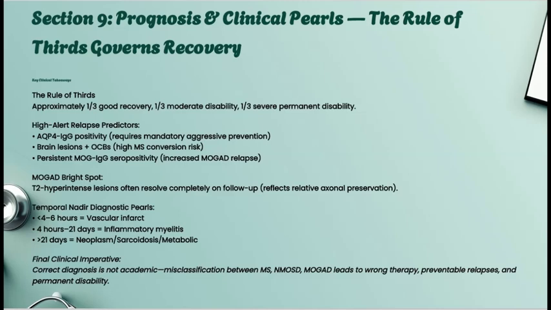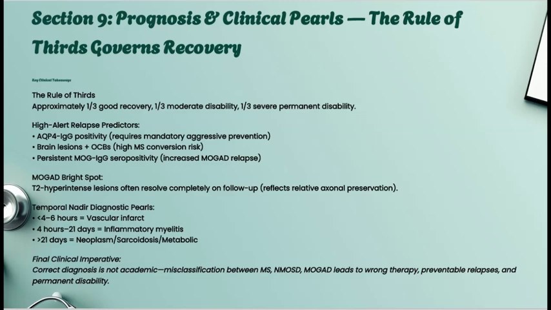And finally, perhaps the most important practical message of the entire session: misclassification between multiple sclerosis, NMOSD, and MOGAD is not an academic error. It directly affects therapy, relapse prevention, and permanent disability outcomes. Neuroinflammatory myelopathies represent one of the most diagnostically challenging but clinically rewarding areas in neuroimmunology.